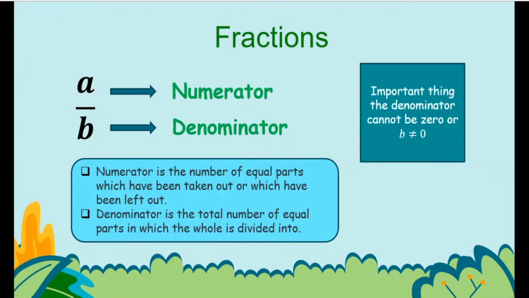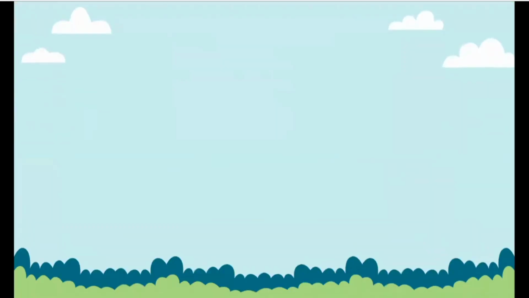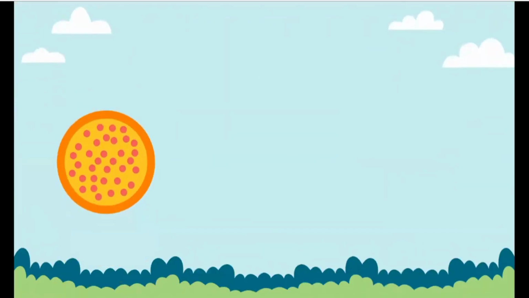So this is the important thing. The denominator cannot be 0 or b is not equal to 0. But why the denominator cannot be 0? Because if it is 0, then the fraction will not be defined as we cannot divide anything by 0. Basically, what is the denominator?